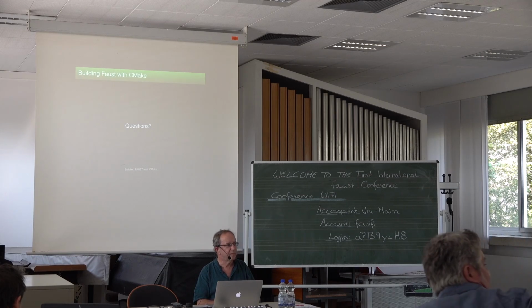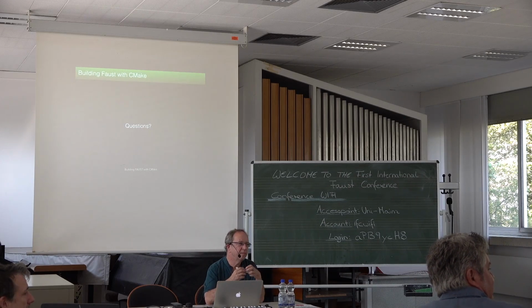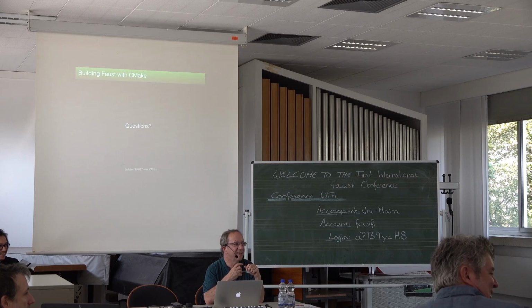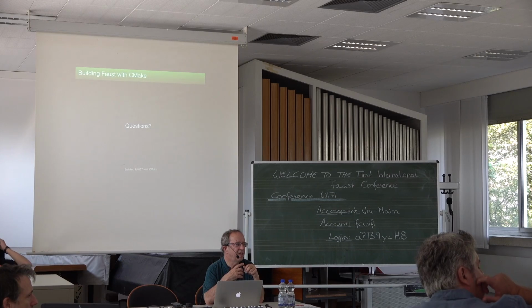It's maybe more of a suggestion, but it's great that we have this CMake system now. I still can't get it to work, so I've got to catch you afterwards. But an idea would be perhaps to host some compiled binaries of, for instance, libfaust on a CDN or something like that, so that projects that want to link against it can have a version that's built by your server, because it's quite complicated to build on a machine.